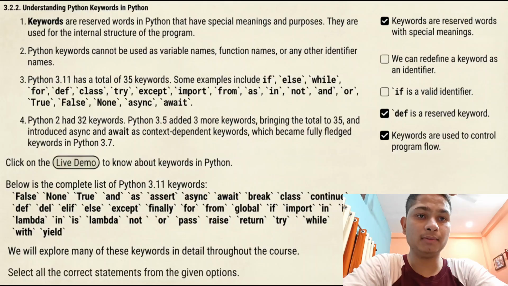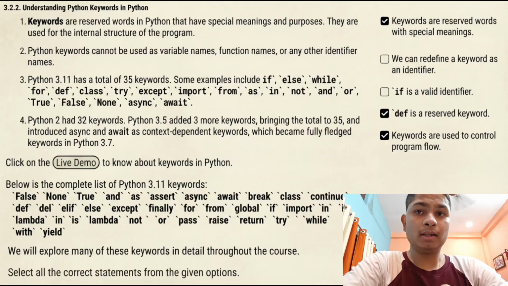So the 33 keywords are as follows: False, class, finally, is, return, lambda, for, try, continue, None, True, and, as, assert, break, except, else, elif, del, def, from, global, if, import, in, raise, pass, or, not, nonlocal, while, with, yield. That's it.